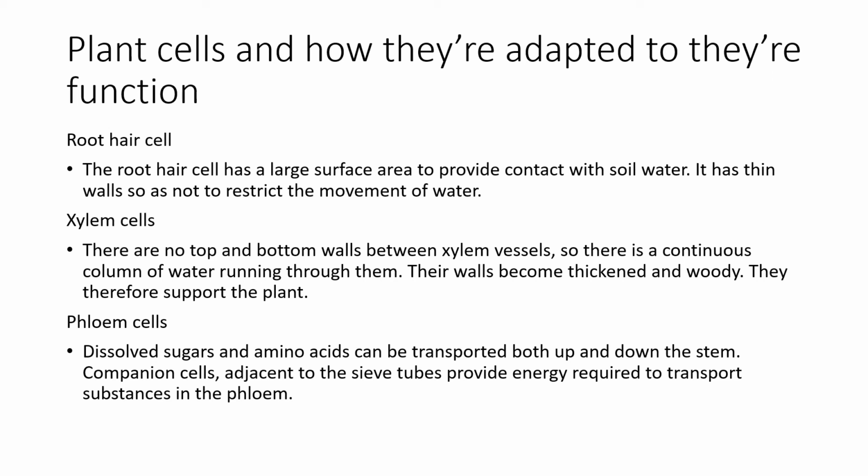So usually phloem cells and xylem cells bunch up. They form bundles, and these are what form the veins in a leaf. But in a vein, there could be lots and lots of xylem and phloem cells.